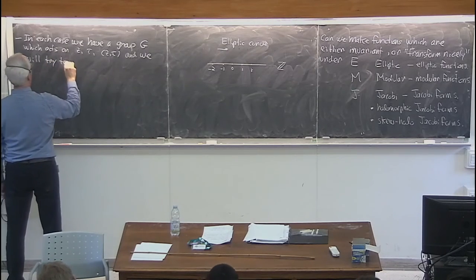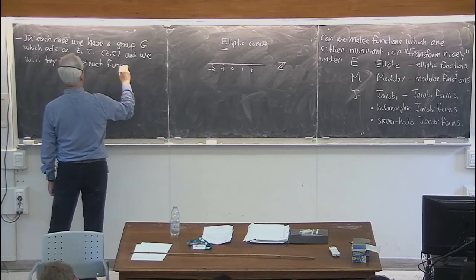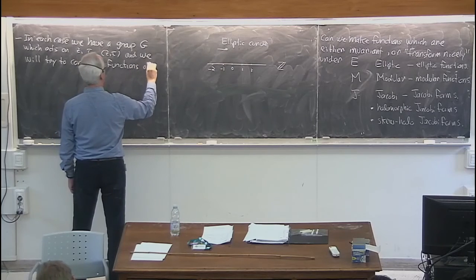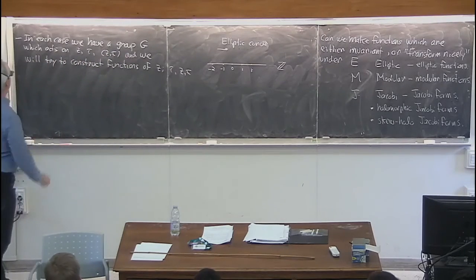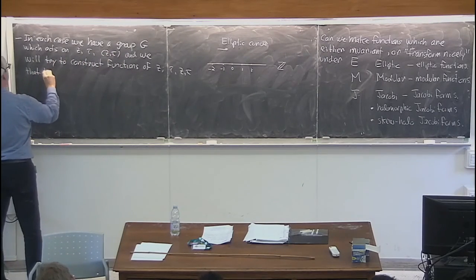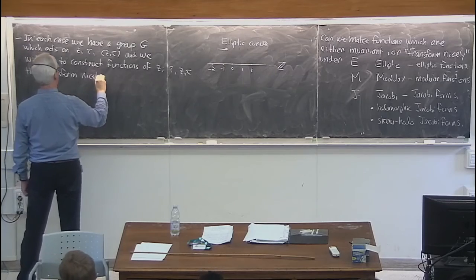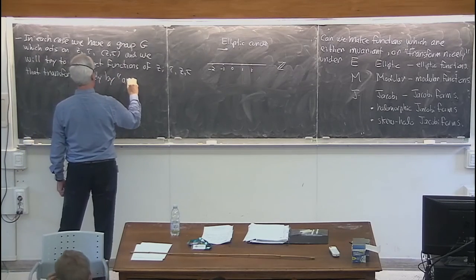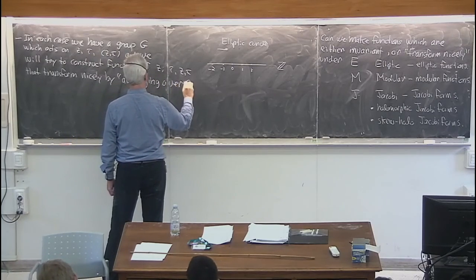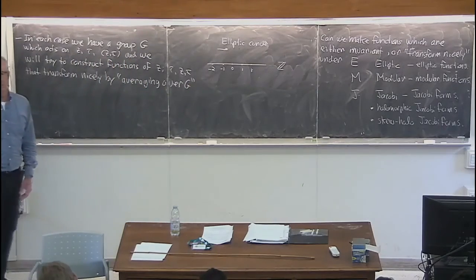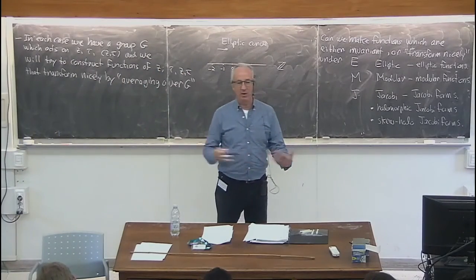And we will try to construct functions of Z or tau or Z and tau that either are invariant or transform nicely by the procedure of averaging over G. So we'll take some simple function, and we'll average it by computing its transformation under all the group elements.